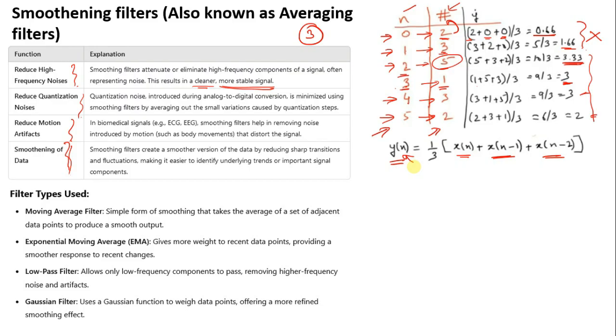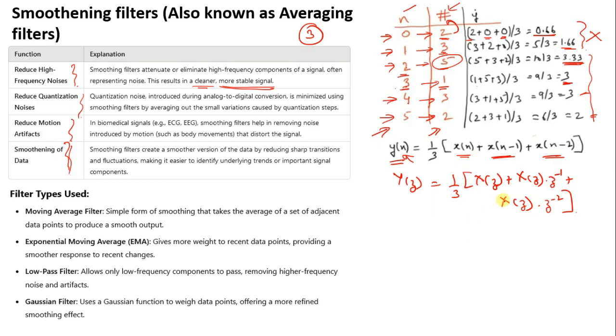So if I say find out the transfer function of the system, you should be able to do it, yes or no, right? What you will be getting is Y(z) equals 1 by 3 times X(z) plus X(z) z inverse plus X(z) z to the power minus 2.